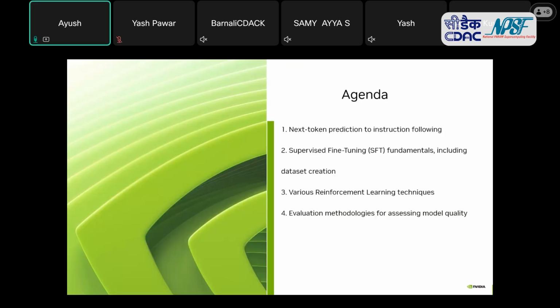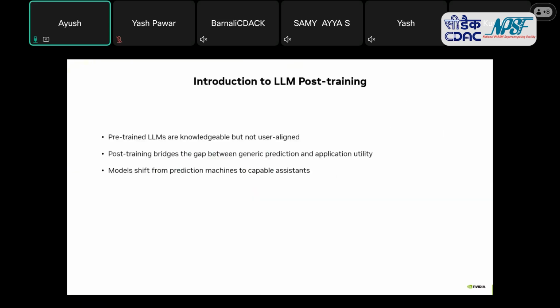To start with, pre-trained LLMs, as we have seen, are trained on a large amount of text, trillions of tokens. Even though they are knowledgeable, containing domain knowledge and perhaps knowing about current affairs, they can do next token prediction. Basically, they are trained on the objective that they should be able to predict the next token.